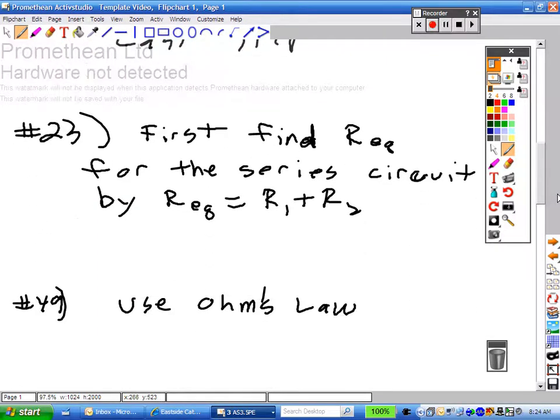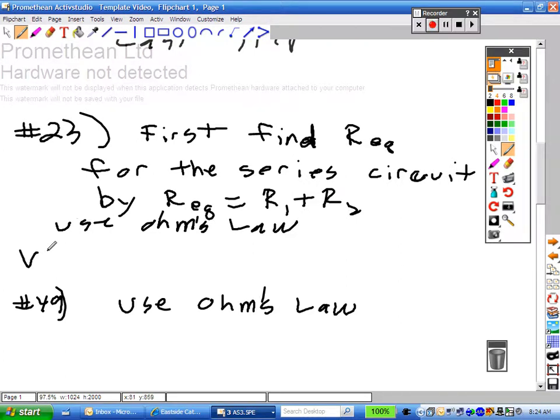Let's look at number 23. For number 23, first find the equivalent resistance for the series circuit. Different formula. The equivalent resistance is just the resistors added together. When you're finished with that and you get the equivalent resistance, it's time to use Ohm's law. Remember, Ohm's law is written 3 different ways depending on what you'd like to solve for.